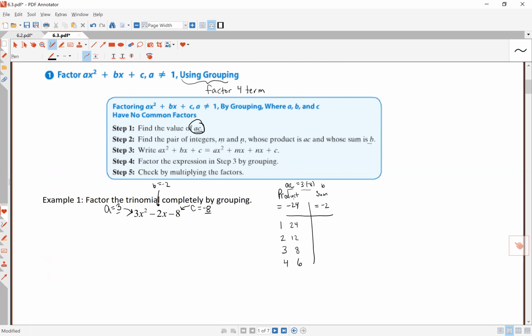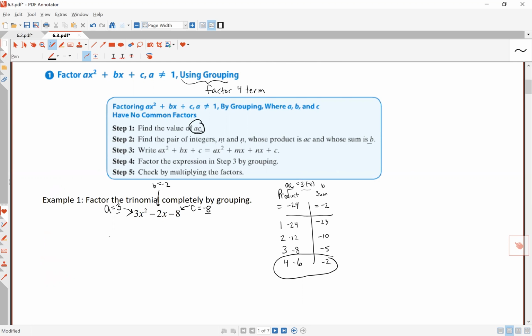One of them needs to be negative to get -24, and it has to add to -2. So we will place the negative on the larger number and see which of these adds to -2. The first one is -23, the second is -10, the third is -5, and the fourth is -2. Our pair of numbers are 4 and -6.